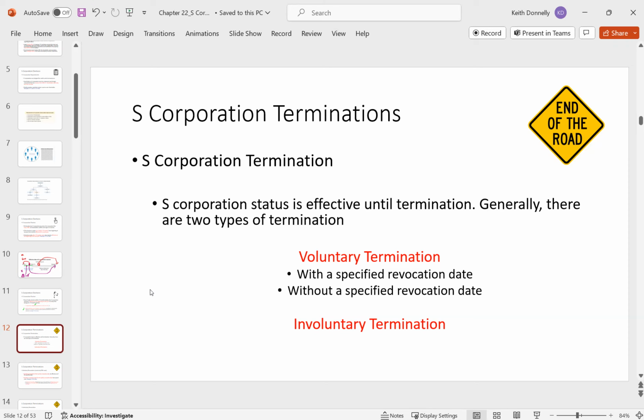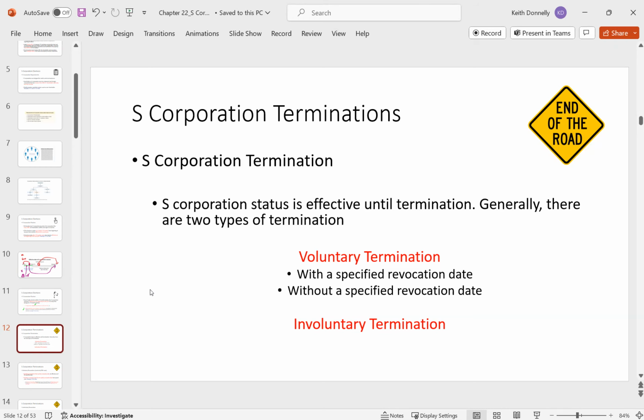Well, in this framework, you have, first off, two types of terminations: a voluntary versus an involuntary termination. And with regard to a voluntary termination, there are two subsets, with a specified date and without a specified date.